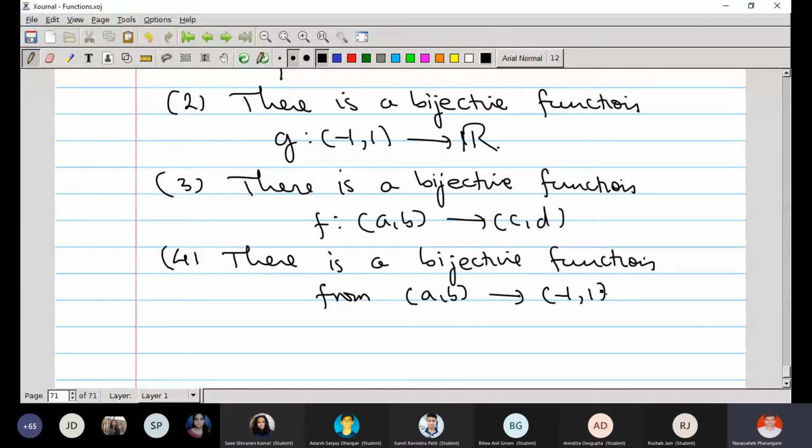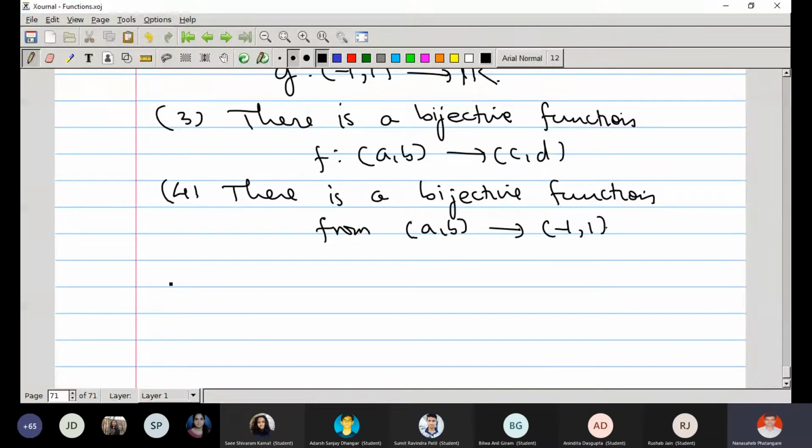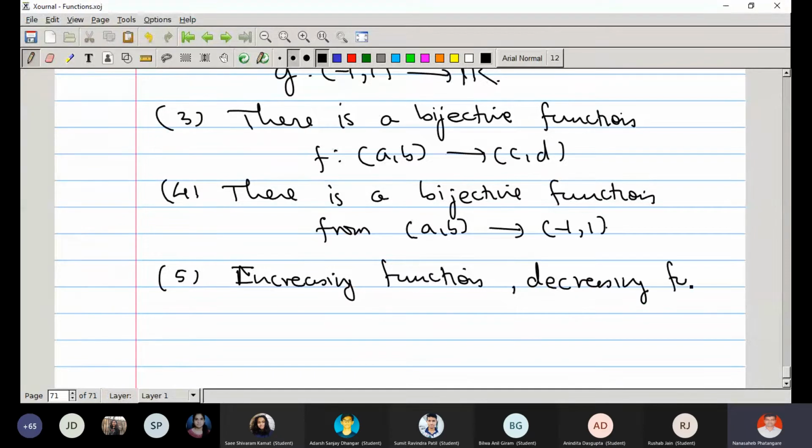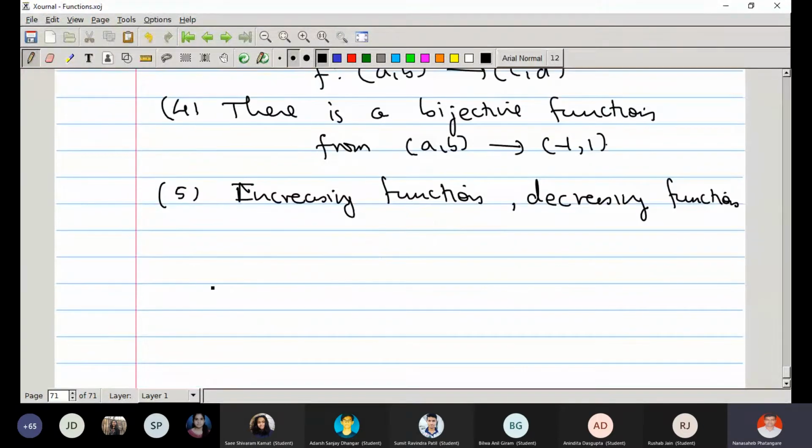Now we also saw what is a monotonic or increasing function, and a decreasing function, right? Then we also saw that if f is increasing, then f is 1-1, right?